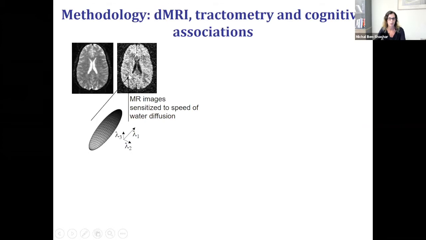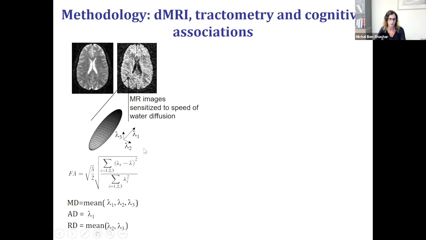And then we quantify the diffusion speed in many different directions, and model it with a simple shape of tensor, an ellipsoid pointing in the direction of the maximum speed of diffusion. And we decompose this tensor into 3 eigenvalues and calculate various measures to basically get an understanding of how anisotropic the diffusion is in a given point in the brain. So is there a directional preference for water diffusion?